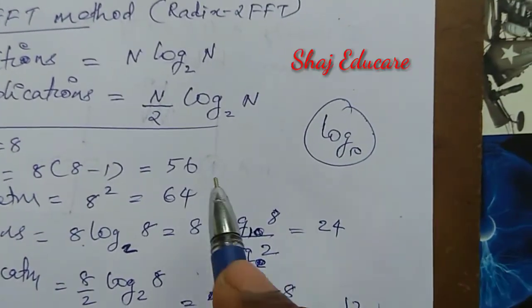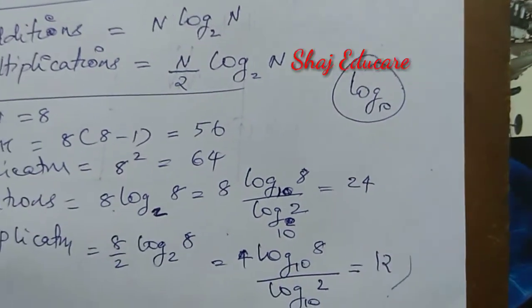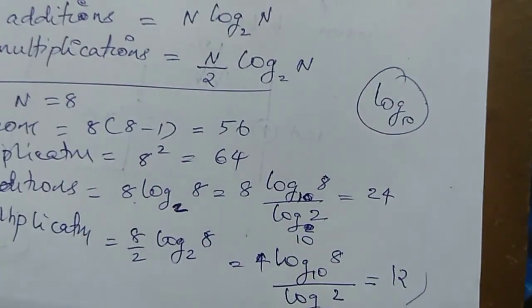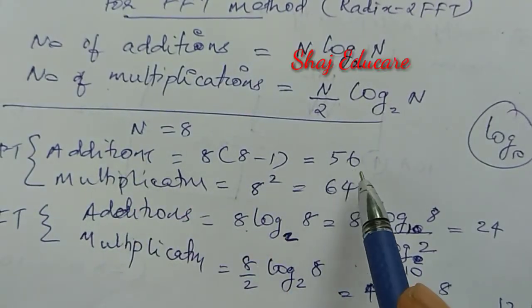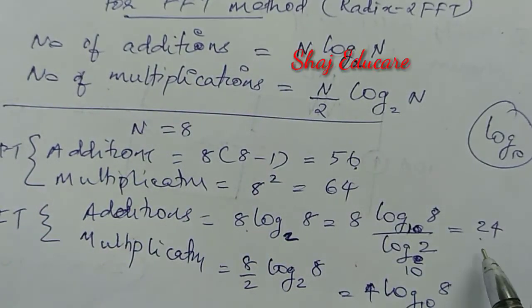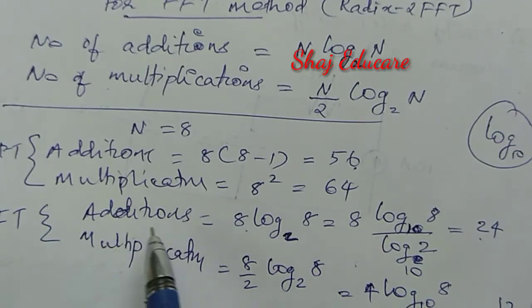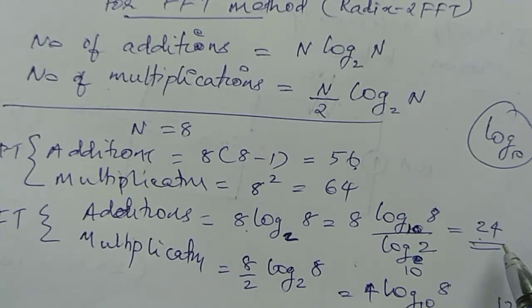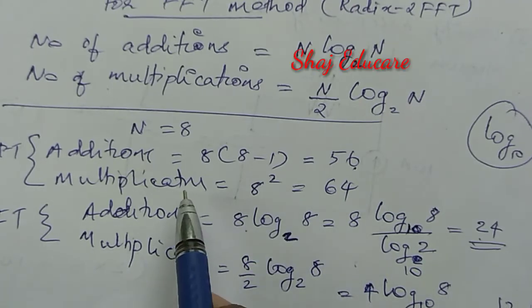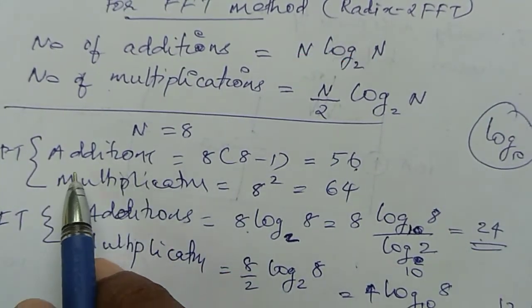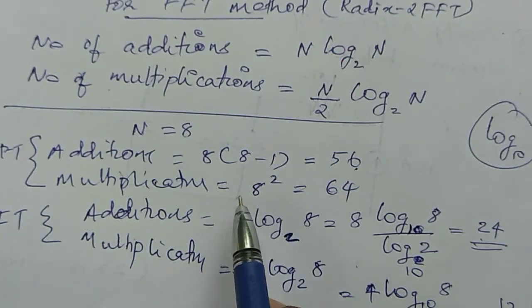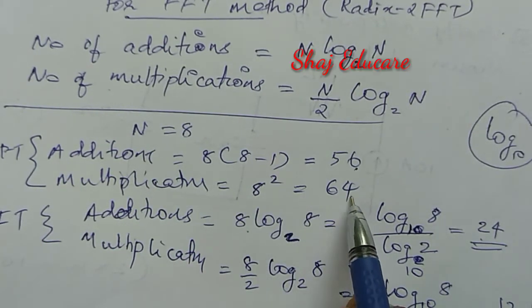Just take these comparisons. If we are using the ordinary method, the number of additions is equal to 56, and if we compute using the radix 2 algorithm, that is only 24 additions. And again, if we compute using the ordinary method, the number of multiplications to be performed is 64.